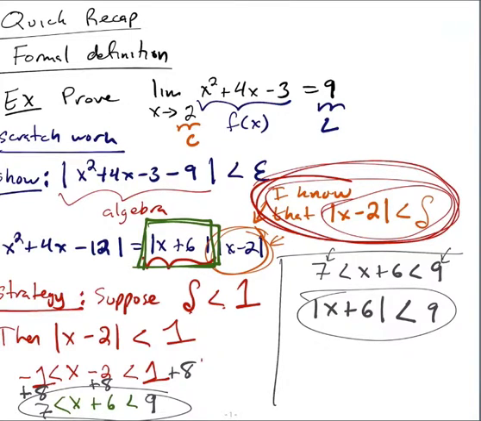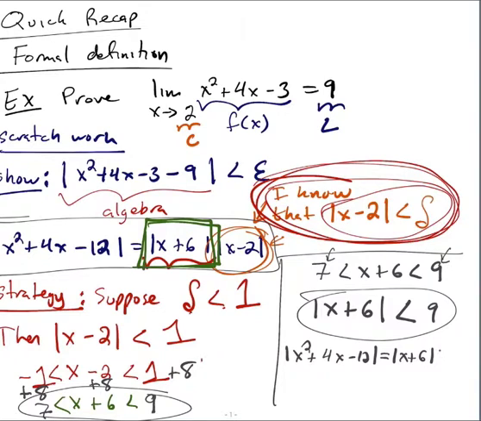Now, based off of that, if we go back here, this is what we're looking at, right? So if I just write this down, x squared plus 4x minus 12, which is equal to x plus 6 times x minus 2.